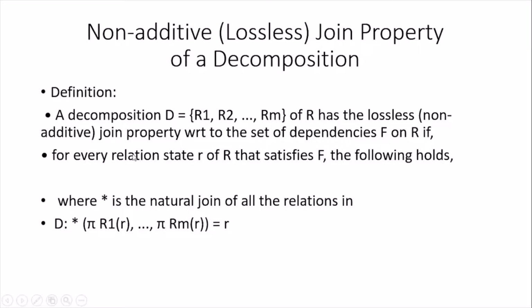Whatever data were there, you'll get that. Nothing more will be added. That's why it is known as non-additive or lossless: you are not going to lose anything and you are not going to add anything to the data. So that is the lossless join property. This is how you can state it: when you perform the natural join on the projections, you will get the same relation state r.